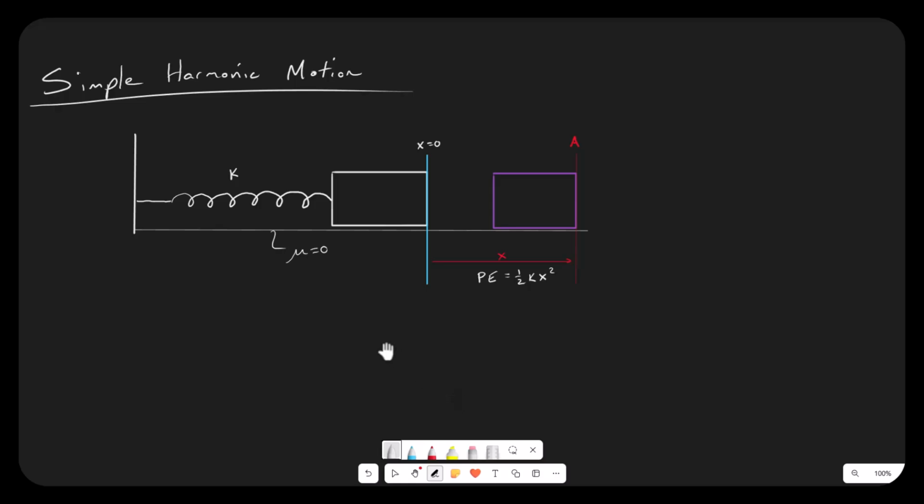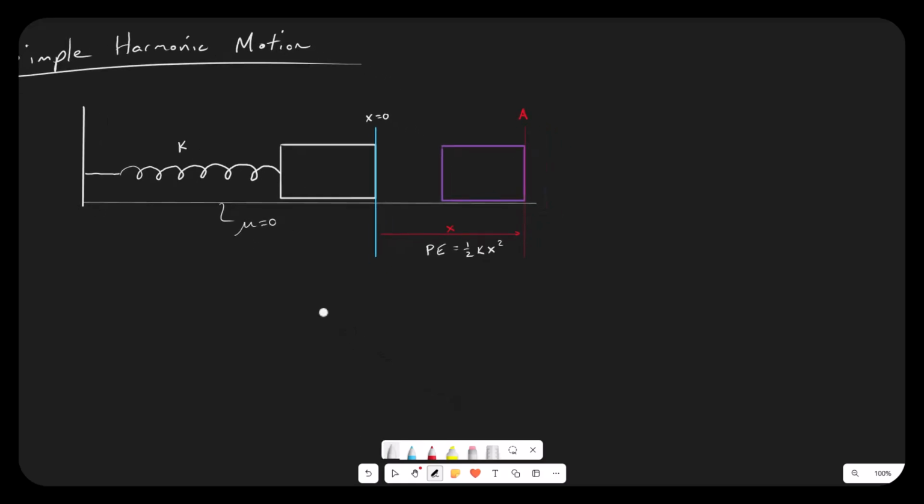So I want to look at a couple of things. First, my total energy. My initial potential energy is half k times my initial position, which is the amplitude we just said, squared. In the beginning, at that location, all of my energy is potential.